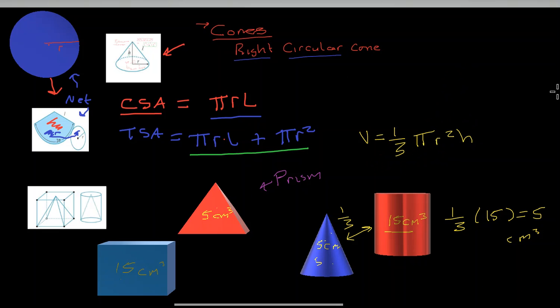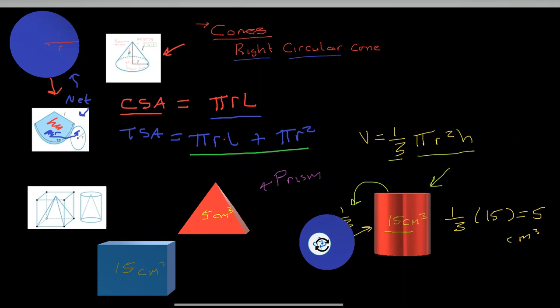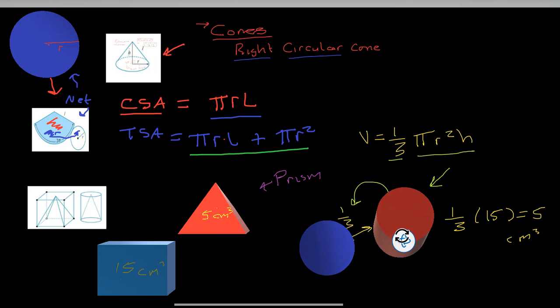So this part here relates to the volume of a cylinder, okay, and then this part here relates to this principle that basically if the volume of your cylinder is 15 centimeters cubed and you have a cone that fits perfectly inside that, and also as well, they'll have the same size base as well.